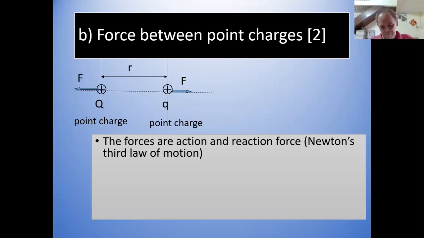The charge plus Q repels the charge plus small q with a force F towards the right.